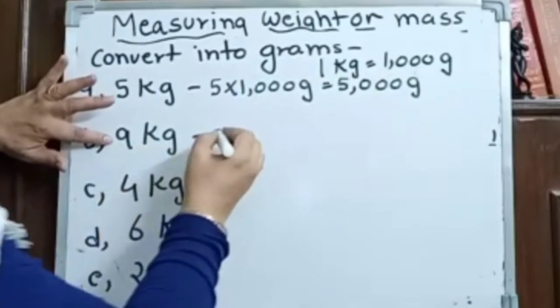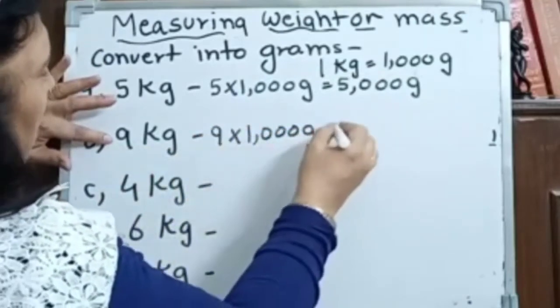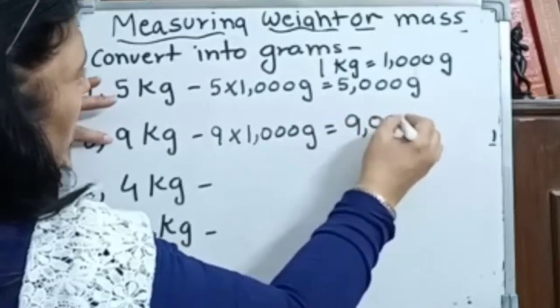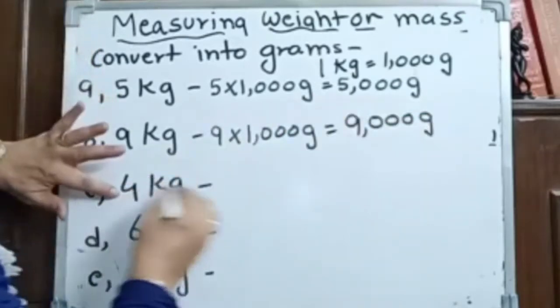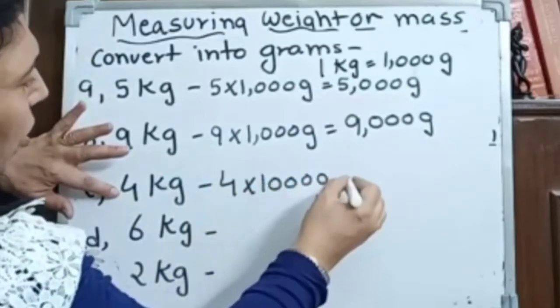Now 9 kg, 9 into 1000 grams is equal to 9000 grams. 4 kg, 4 into 1000, this is the short method of converting.